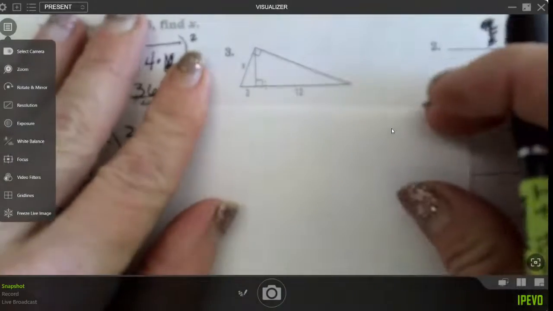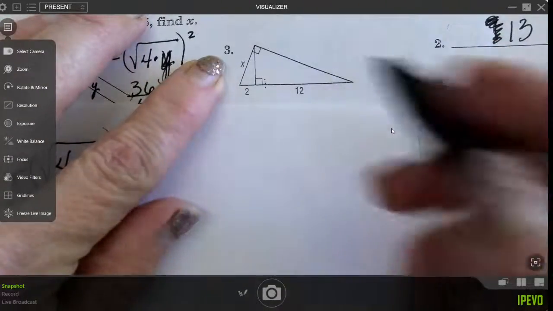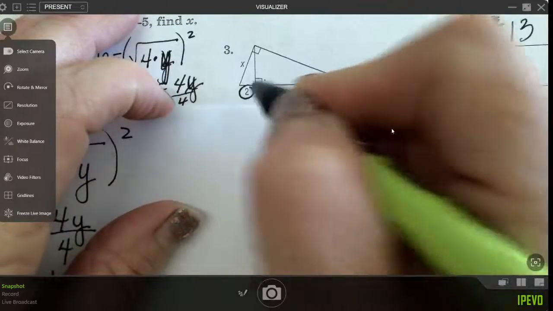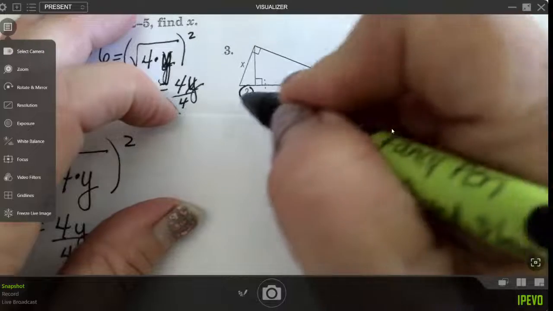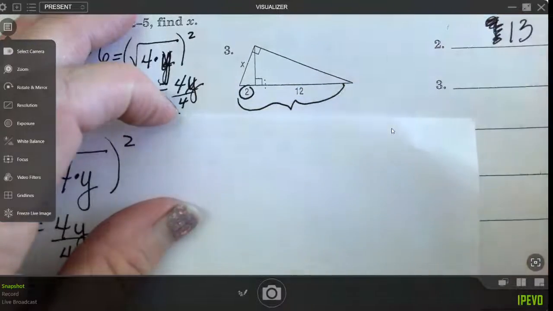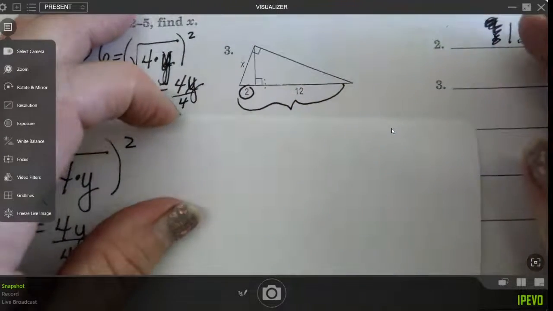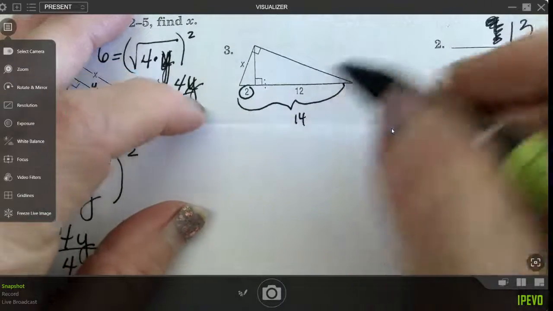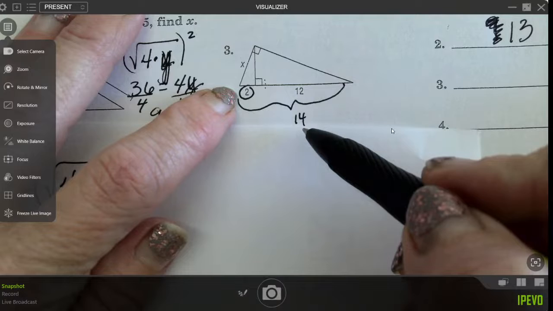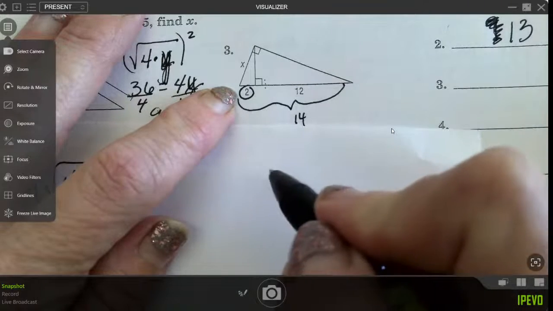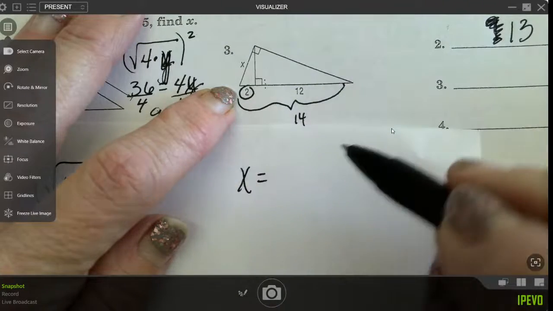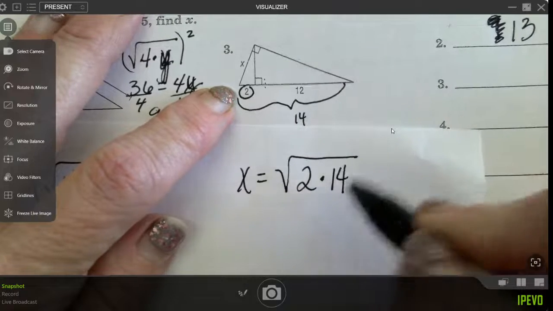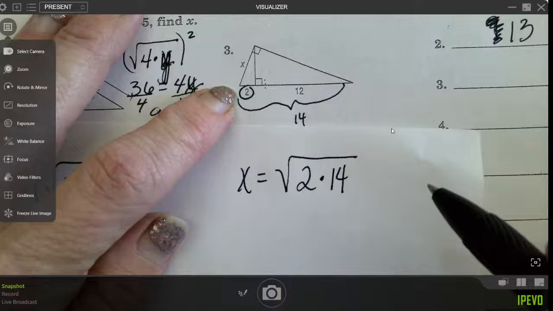Now, remember, to find that side over there, we're going to take this piece and the total length, what's the total length of that? 14. And we're going to do the geometric mean of these two numbers. So to find x, we're going to do the square root of 2 times 14, like that. Right?